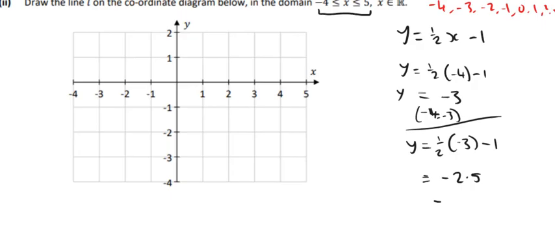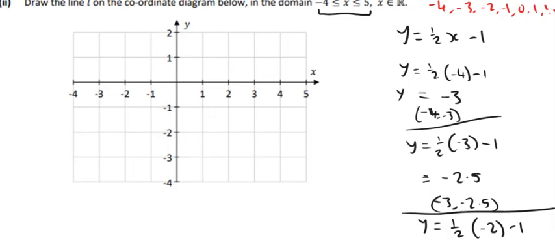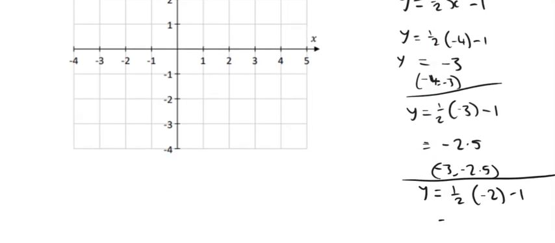So our point is minus 3, minus 2.5. Then if you were to go again, I would put in a minus 2, so y is equal to a half times minus 2 minus 1, and that would just be minus 2. So we get minus 2, minus 2.